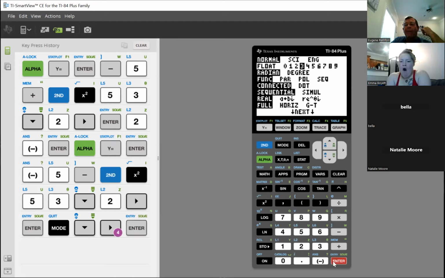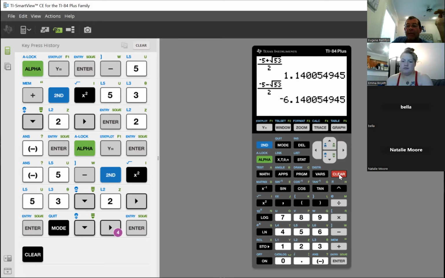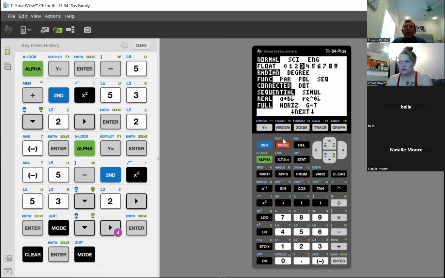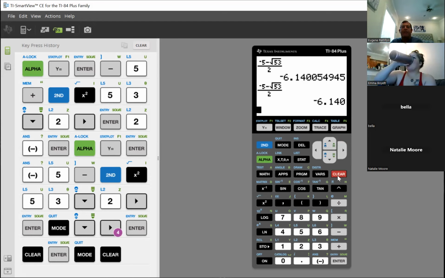Now my calculator is going to round everything to 3 decimal places. Watch what happens when I hit enter on this. Bam, there's that -6.140. So if you want to round, just click mode, go down to float, and arrow over to 3. That's how many decimal places it will round to. Then you hit clear and go back to your screen.